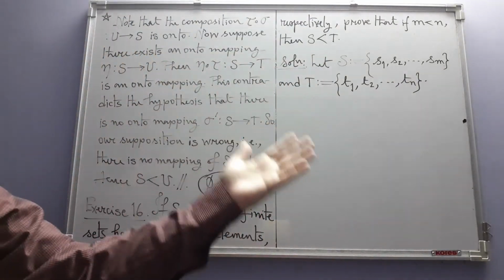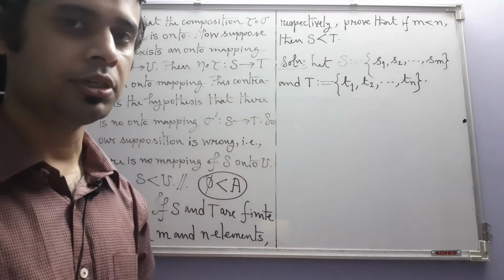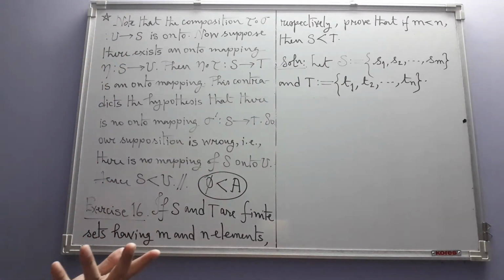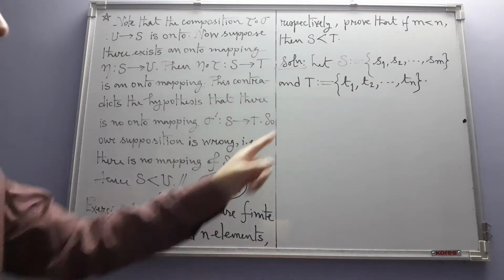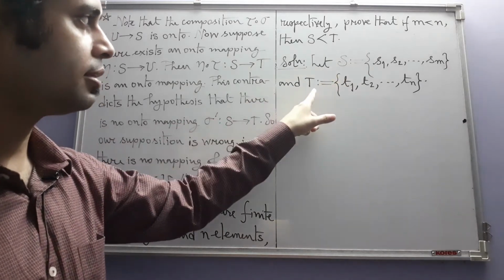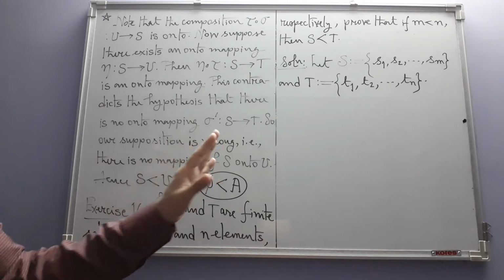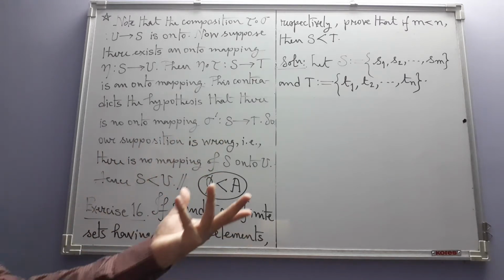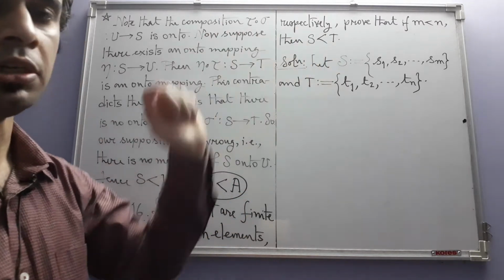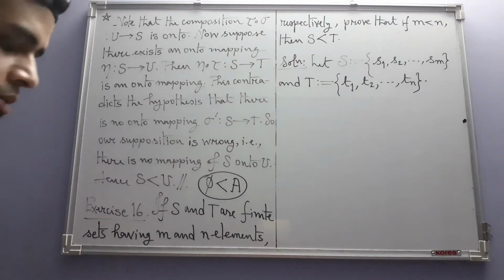Some of these Si's may be equal to some Tj, we don't know, and in fact we don't have any need to know. That is, what I am saying is that S and T may not be disjoint, there may be some common element, but we are not bothered about that. We just have to produce an onto function from T to S. That is our first job.